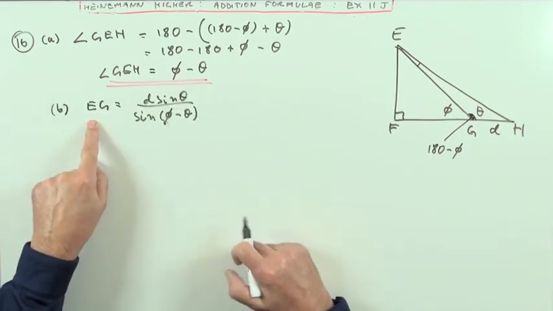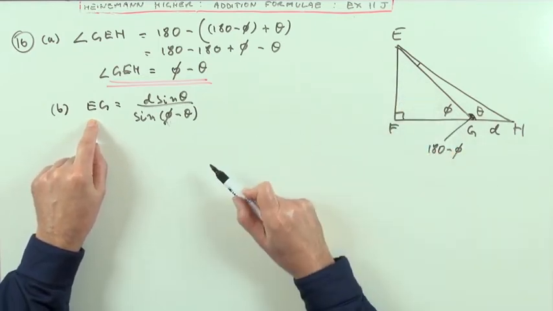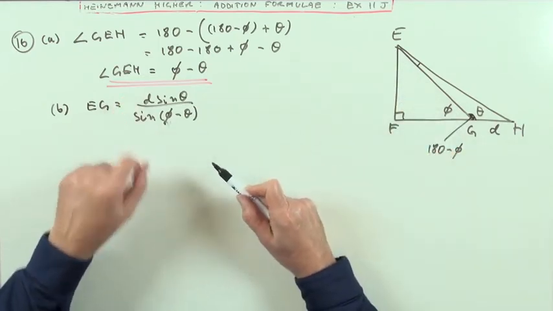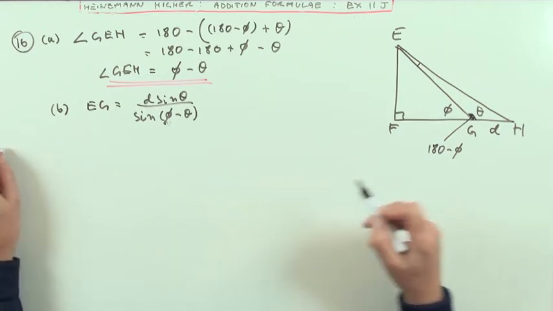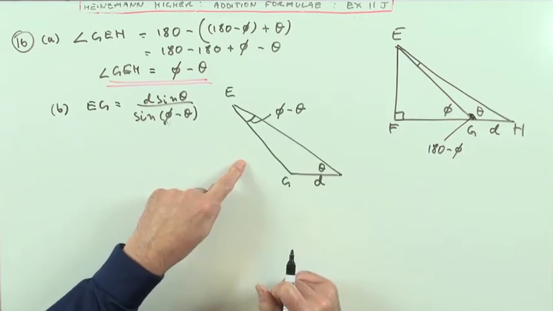Second part, show that EG, the line down the inside, is given by this expression. Well, what have we got? So we'll be using that thin triangle there. I'll draw it again here.